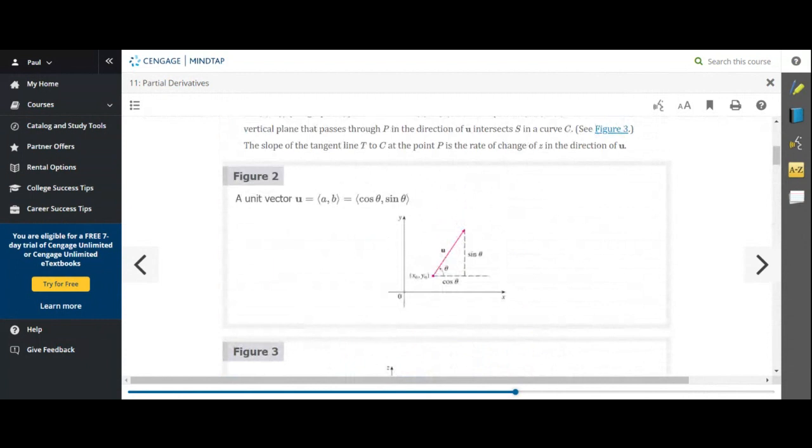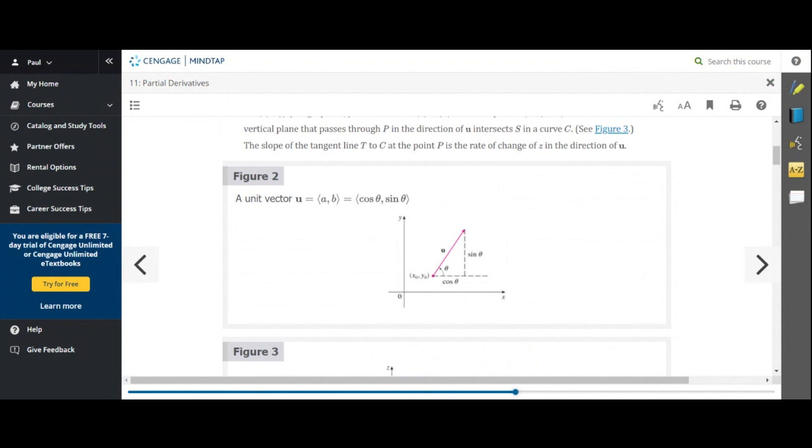The vector u has components a and b, but based on the picture, a and b can also be represented as cosine of theta and sine of theta, because the length of the unit vector is equal to 1. So a and b can be expressed as cosine theta, sine theta.